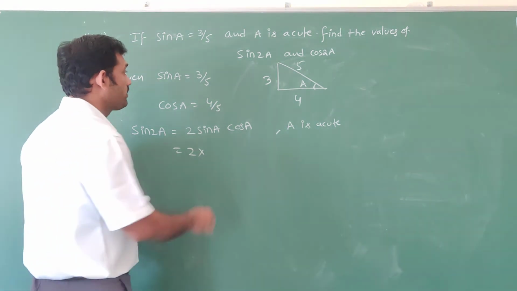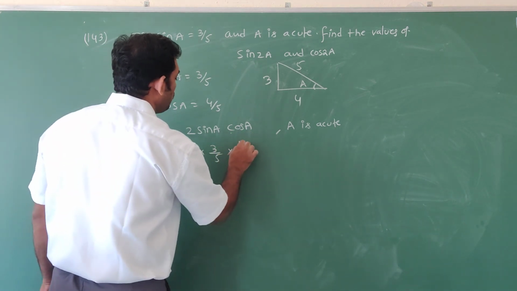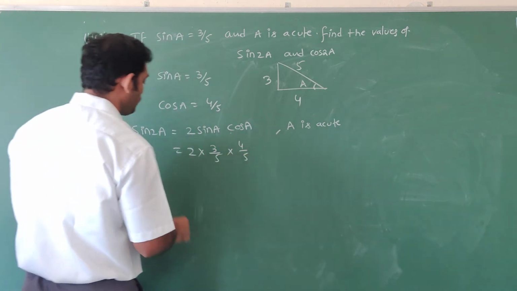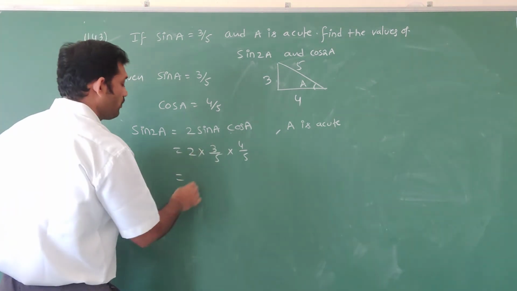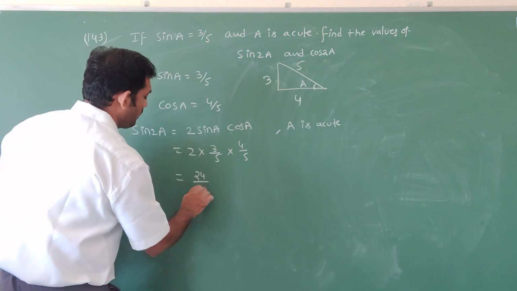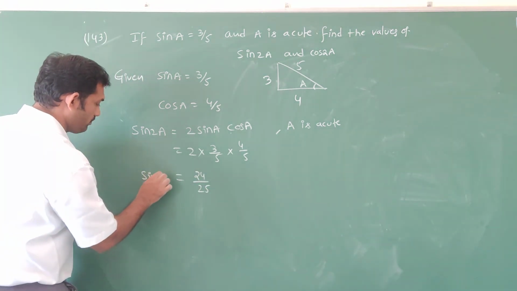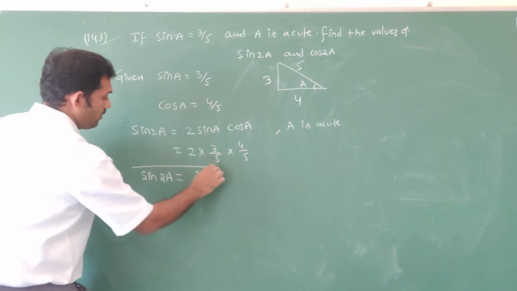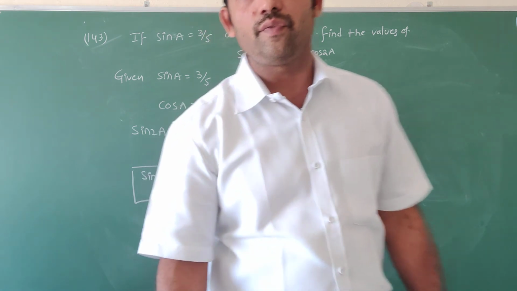So 2 into the sin A value 3 by 5 into the cos A value 4 by 5. 2 into 3 is 6, 6 into 4 is 24, divided by 25. Sin 2A equals 24 by 25.